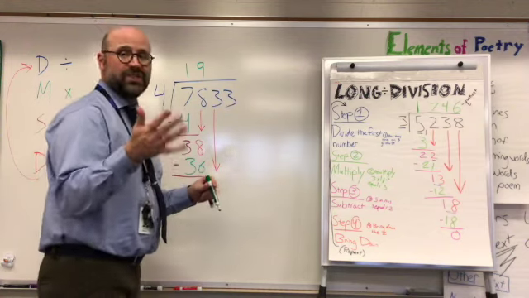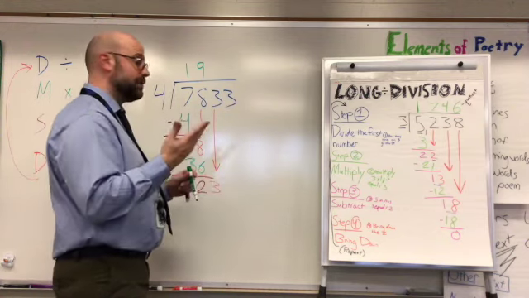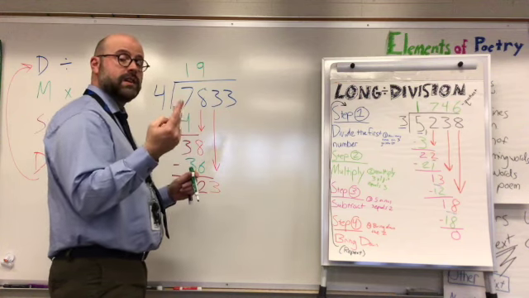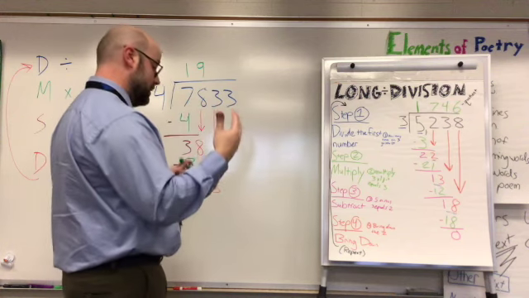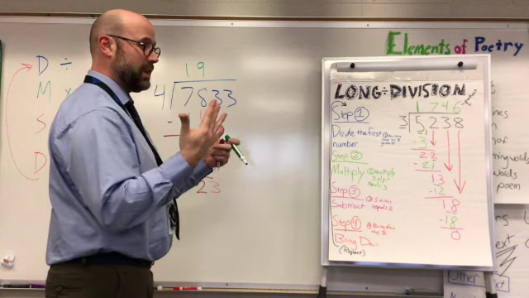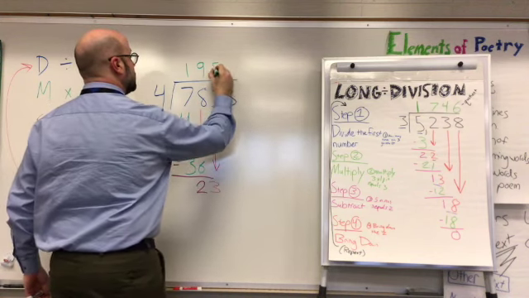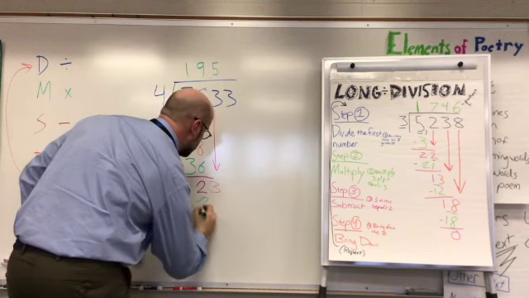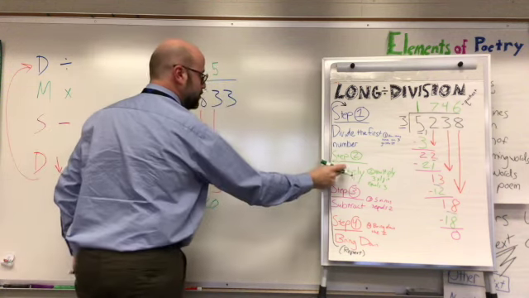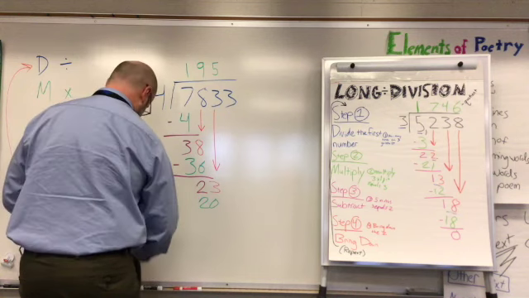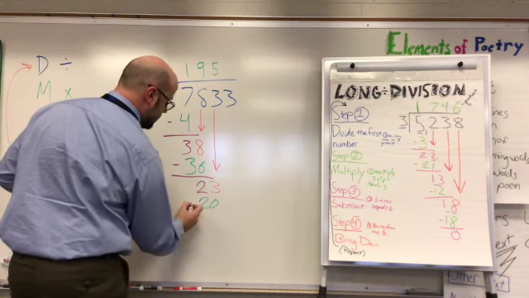Well, we should all hopefully know our multiplication facts well enough to go, 4 times 5 is 20. 4, 8, 12, 16, 20. If I go up one more, it's 24. That's too much. So 5. 4 times 5 is 20. That's step 2, multiply. Step 3, subtract.